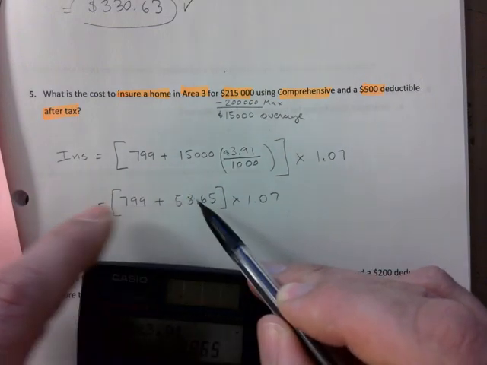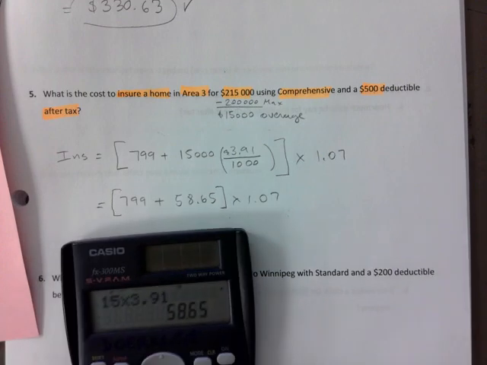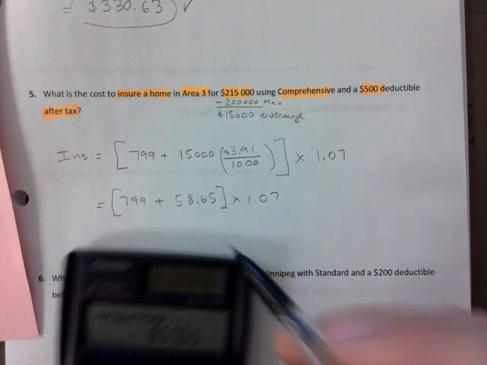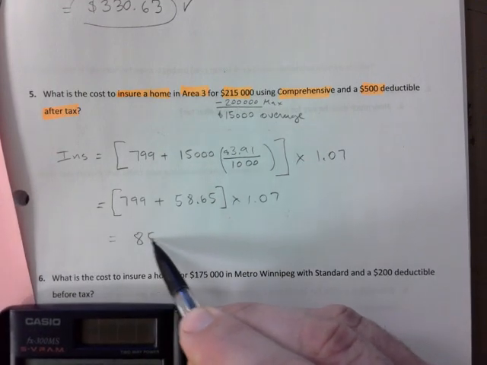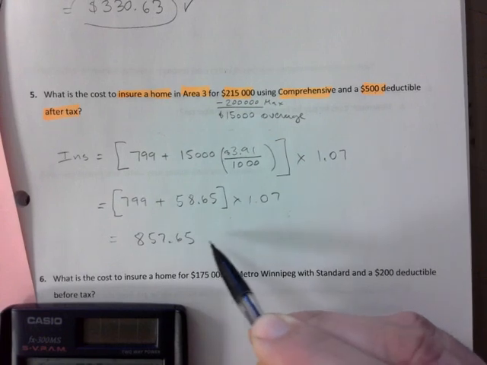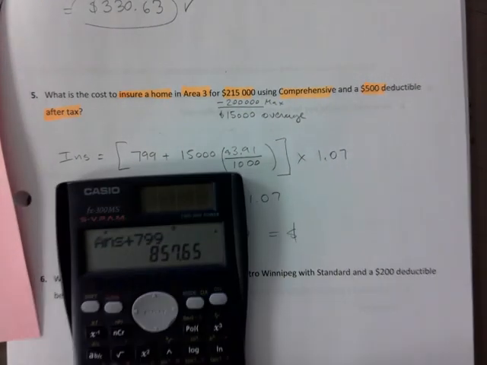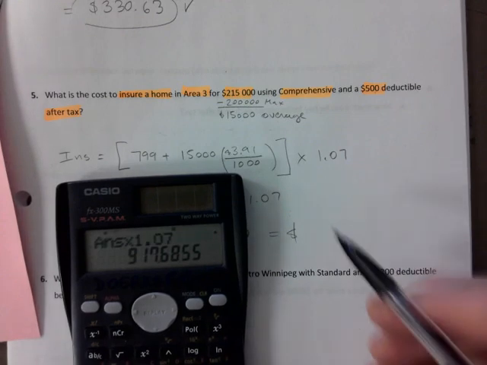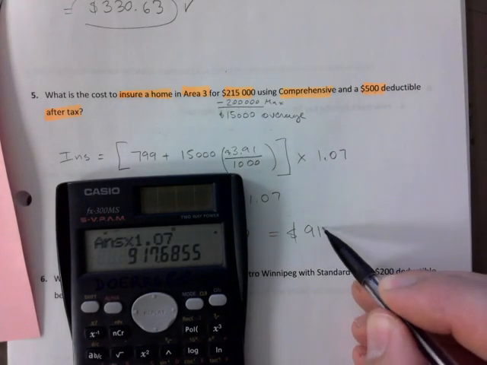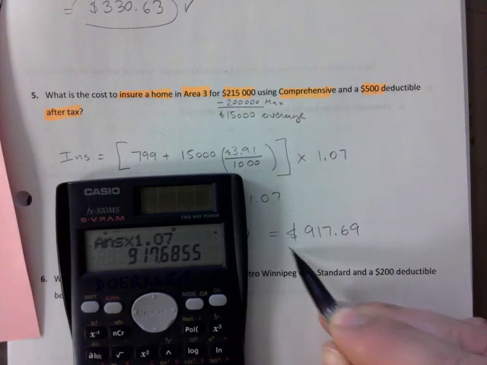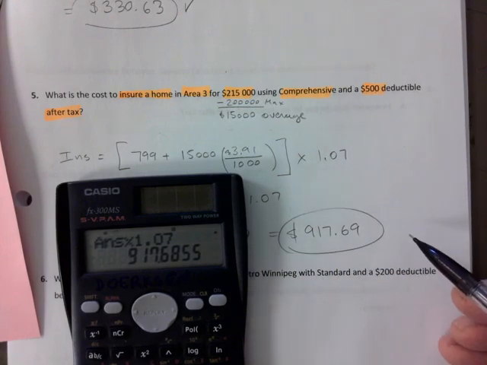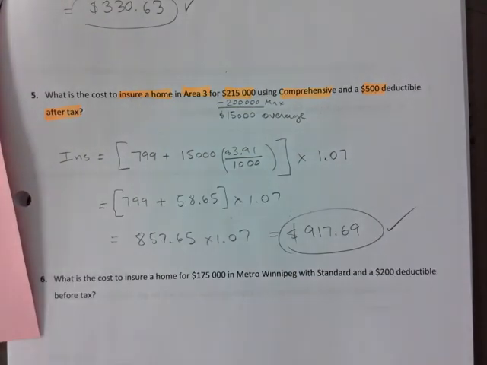If you don't deal with this first. So I'm going to add $799 to give me $857.65 times 1.07. And here it is. Now you have to have your dollar sign, 917.69. Is that good? Thank you.